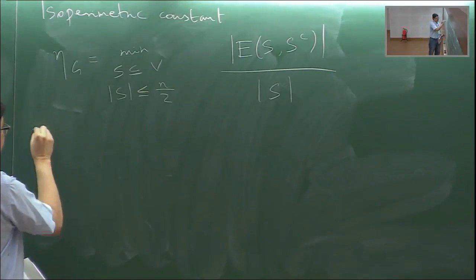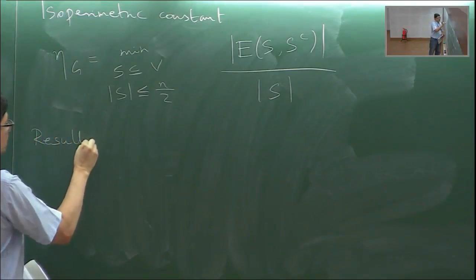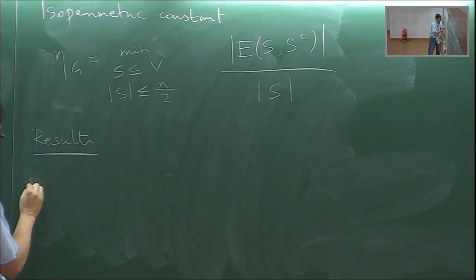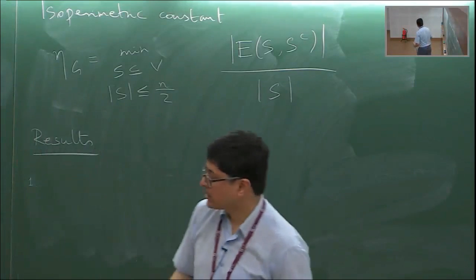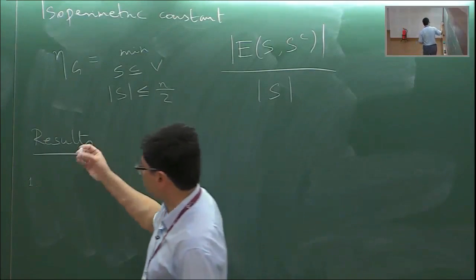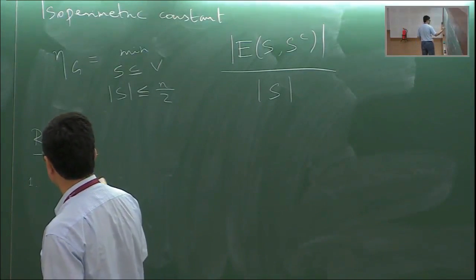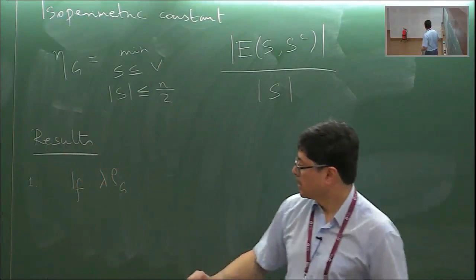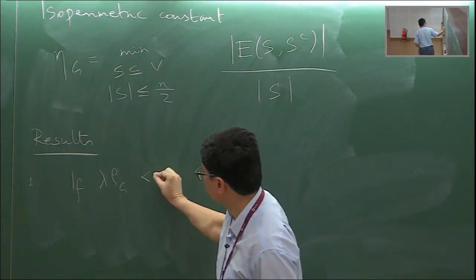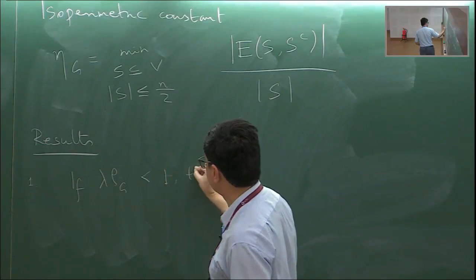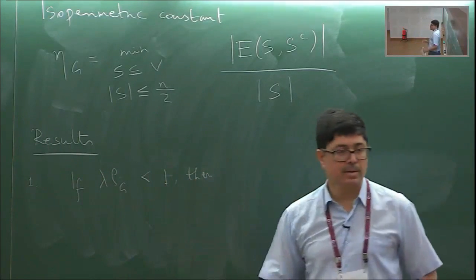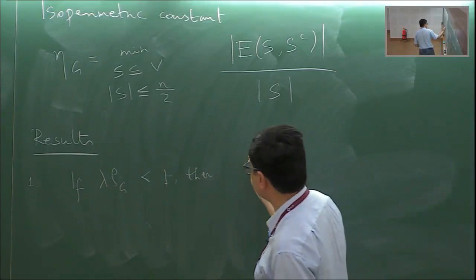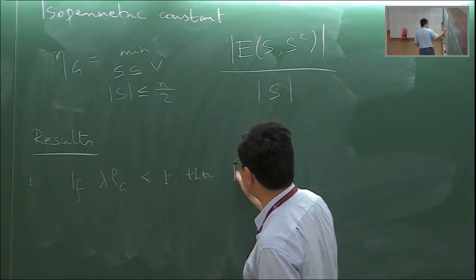And what are the results? The first one states that if your infection rate lambda times the spectral radius is smaller than 1, then the epidemic lifetime is logarithmic.